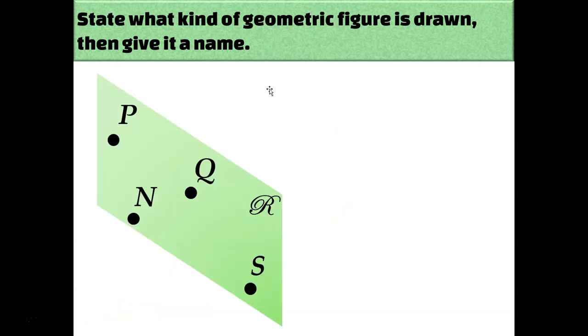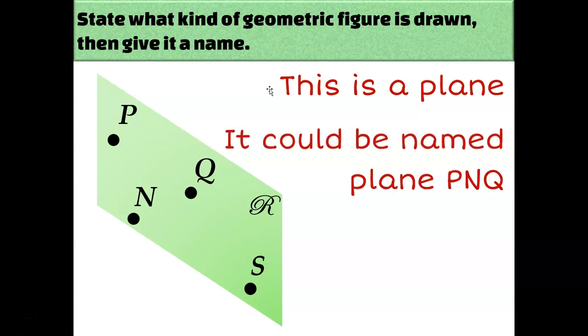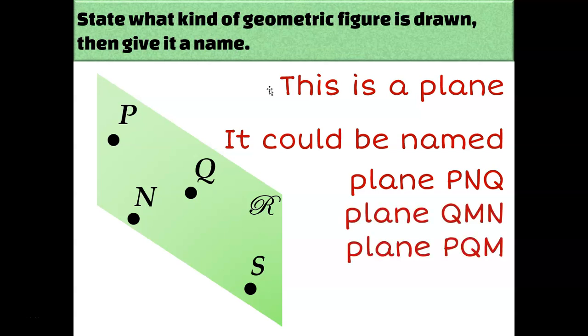I think identifying this figure is probably the easiest because it looks the most different from all the others. This is a plane. And there are a few different names that we could give to it. I could call it plane and then any combination of 3 of the 4 points that I see on that plane. Or I could call it plane R. R is different than the other 4 letters that you see because it's not a point.